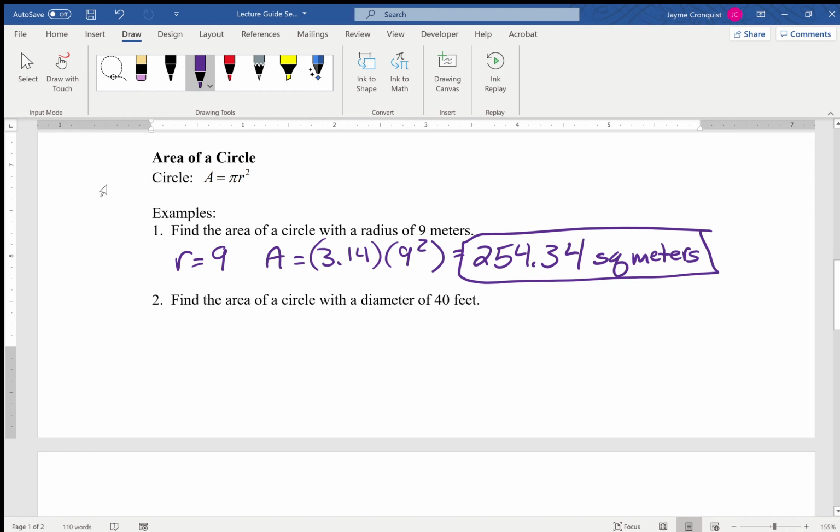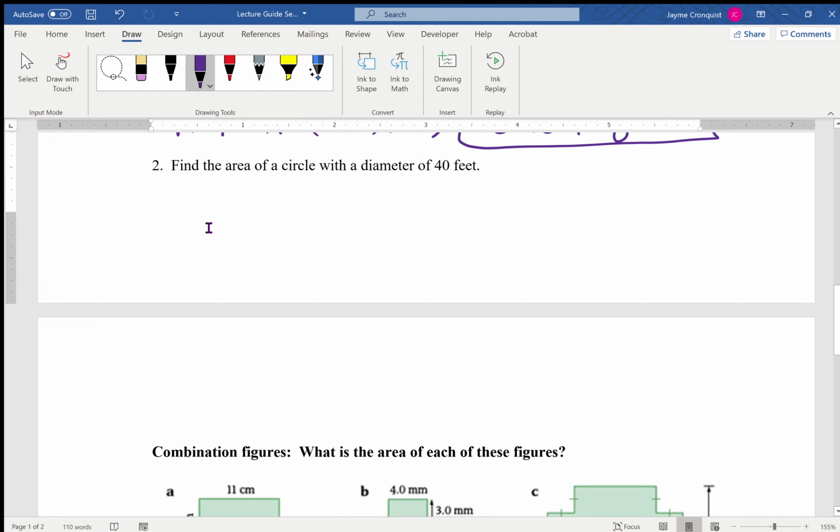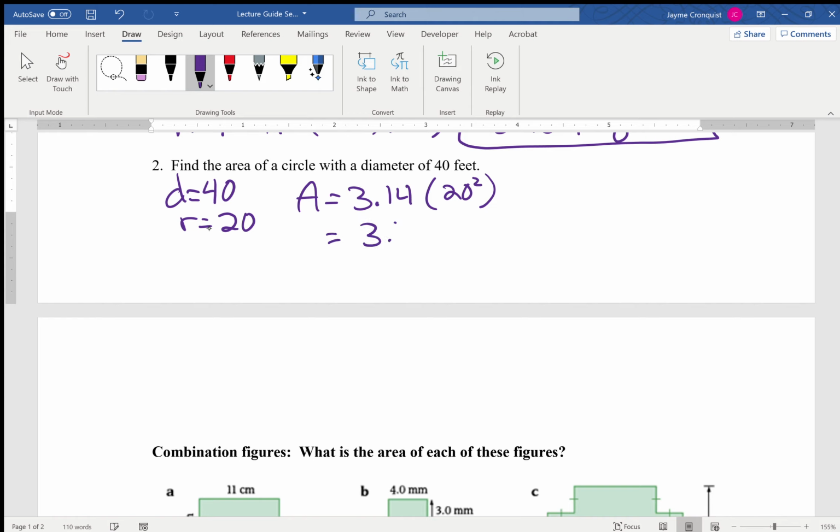All right, find the area of a circle with a diameter of 40. Now this one we don't have a diameter equation, so we have to find the radius is 40 over 2, which is 20. So area is pi times r squared. All right, so that's 3.14 times 400.